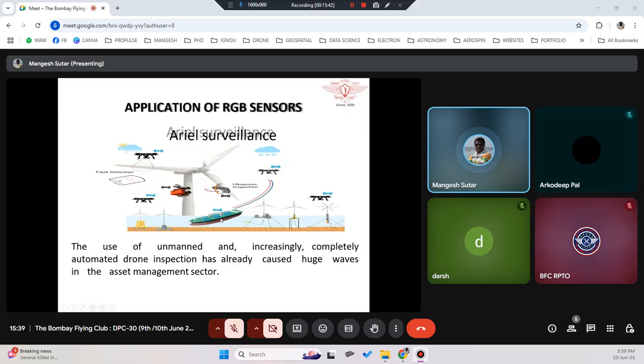Even in container ships also, right? Container ships are so huge. It is very difficult for the people on board to go and keep monitoring every corner of the container ship. There was one student who came, who was in the merchant navy. He was actually a captain. He came in the last to last batch to learn flying the drone.